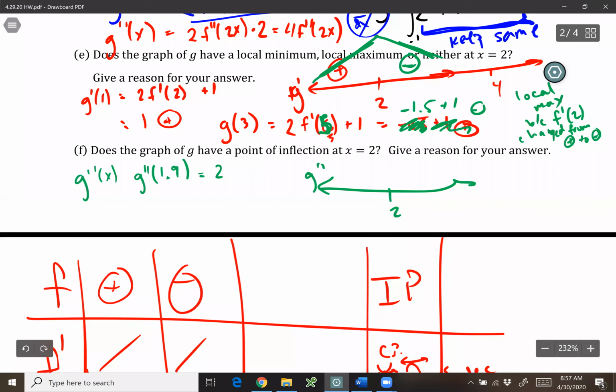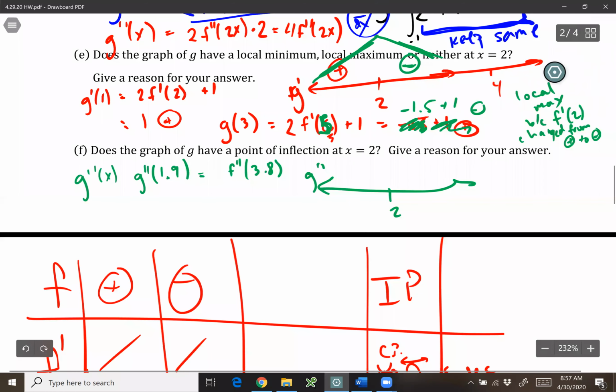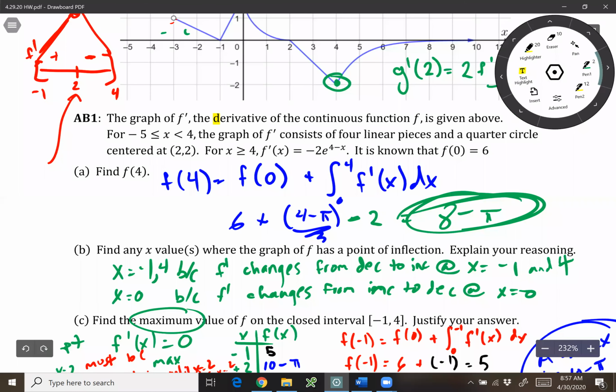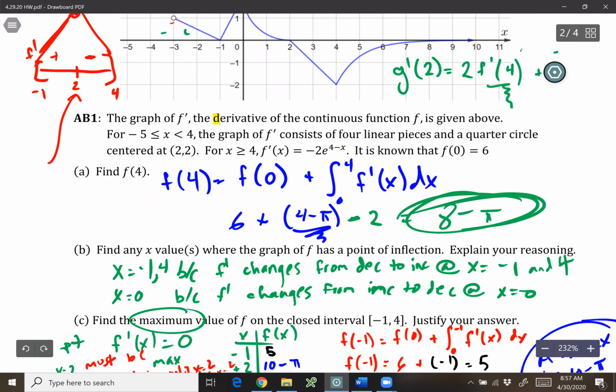So 2 times F double prime of, let's say, 3.8 times 2, so that gave us 4. So I'm going to just put this as 4. Right, because we're using this guy. So 4 F double prime of 3.8. So 3.8 is about here.